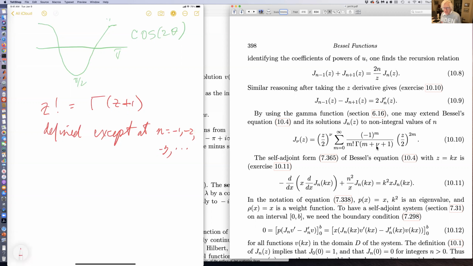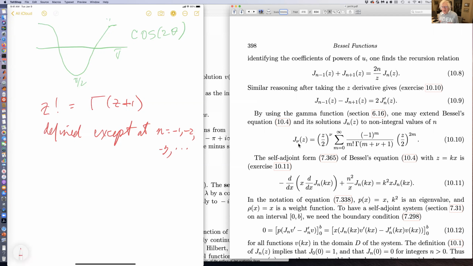Actually, now that I think about that, I think it even is defined when nu is a negative integer. The gamma isn't defined, but the divergence of gamma occurs in the denominator of this sum, and so we just get zeros.